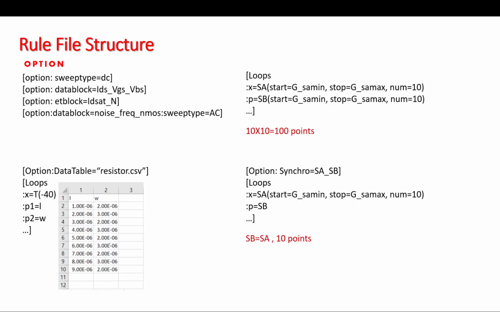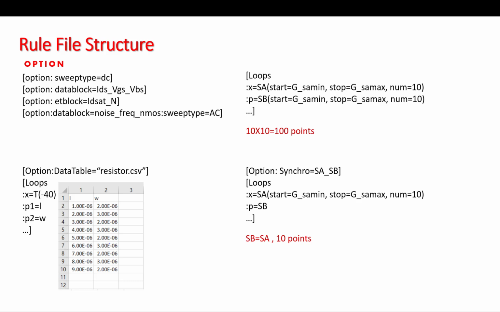The next one is the option part. In the option part, you can also define a lot of things, like the sweep type. You can define it is DC or AC, and also you can define the data block. If you include some data files in the QA project, the data block defines which part of the data is used for this check item.